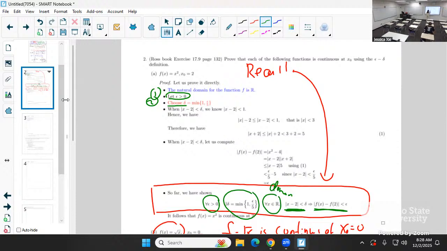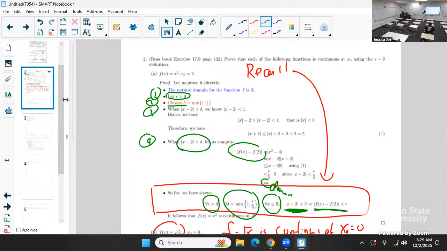Choose the delta such that when the condition |x minus 2| less than delta holds, eventually you have to show that |f of x minus f of 2| is less than epsilon. Makes sense? So the structure is very similar to something you did before, showing the limit of a sequence equals a number. Here we just show the function is continuous at this point.